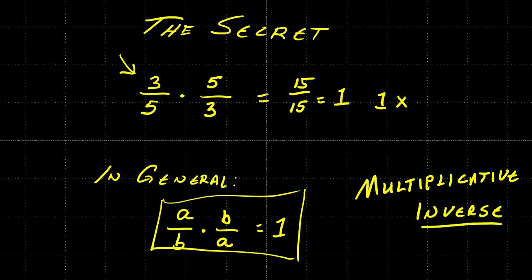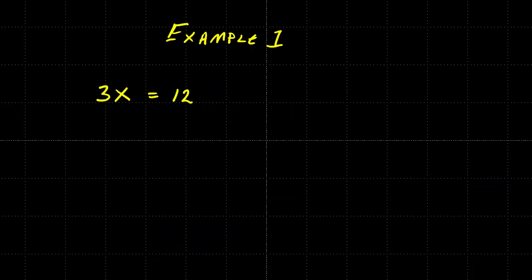That inverse word means simply to turn the fraction upside down, and then we multiply. Let's look at a couple of examples now. From the first or second slide in this presentation, we had 3x equals 12.